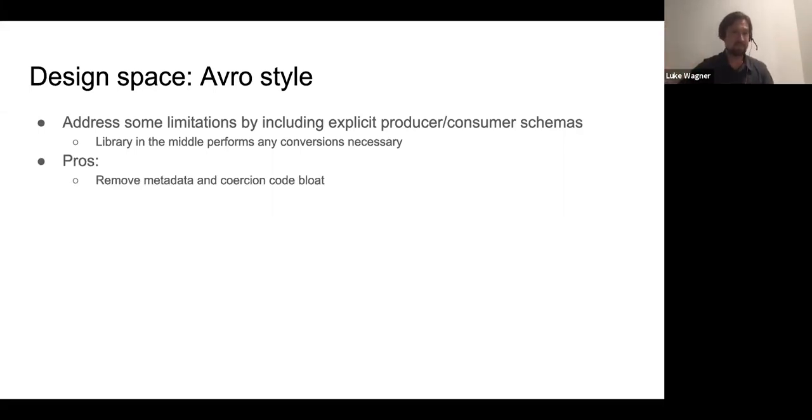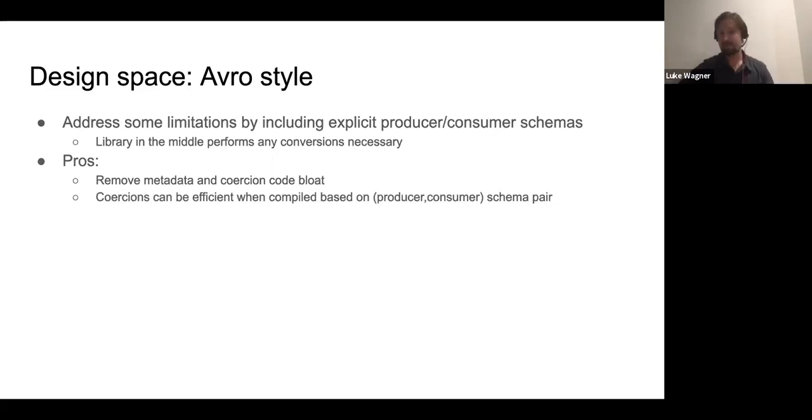And so the advantage is this can remove that metadata and coercion code bloat that you needed on the producer and consumer. And the coercions can be efficient if you are able to statically look at the producer and consumer, and then you can just generate a coercion function that does the necessary mapping. So it can be more efficient. It allows more aggressive representation changes over time because, again, you have this intermediate party.